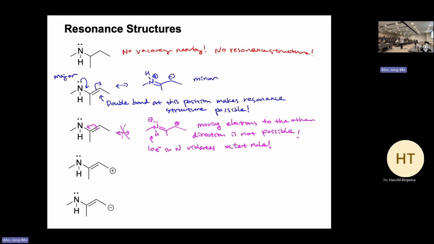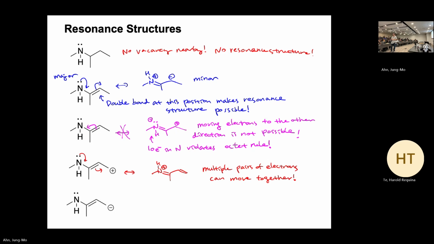Maybe it can go there, but instead of going there, you go here. So two pairs of electrons move together, and it can actually make a new resonance structure this way, and that becomes very valid. Between these two, which one do you think is the major? Which one is the minor contributor?